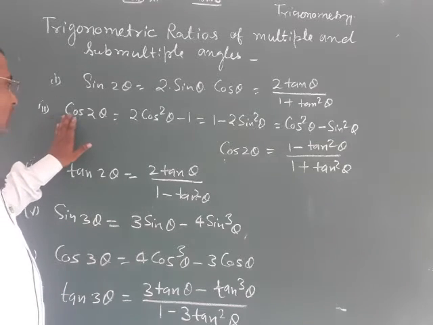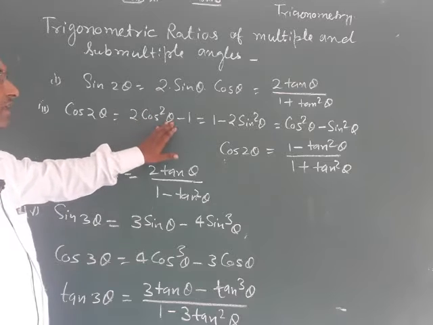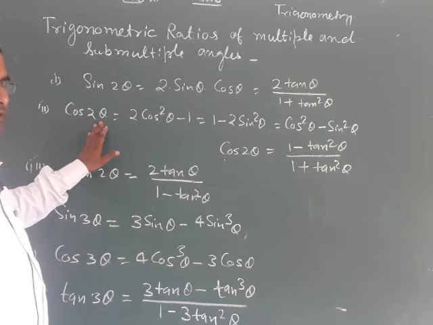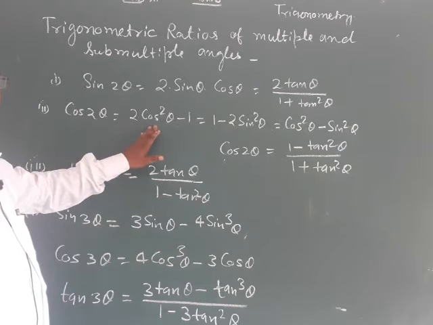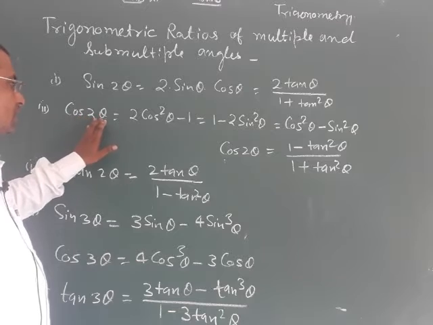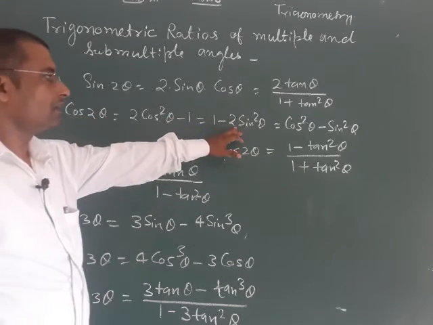And cos 2 theta is equal to 2 cos square theta minus 1. And also cos 2 theta is equal to 1 minus 2 sin square theta.